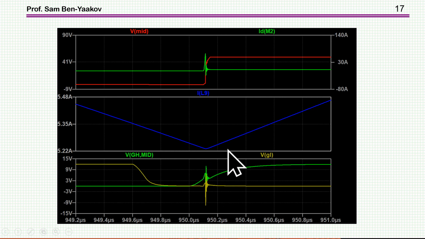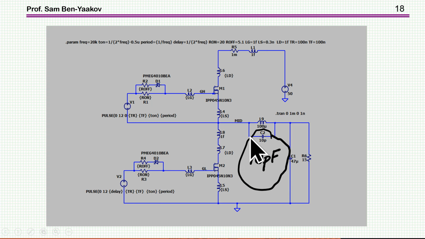But if I add a parasitic capacitance to the inductor, which you will always have because this represents the interwinding capacitance of an inductor, this is why we have the resonant frequency of the inductor. This capacitor is a lump representation of the distributed capacitance that we have within the windings.